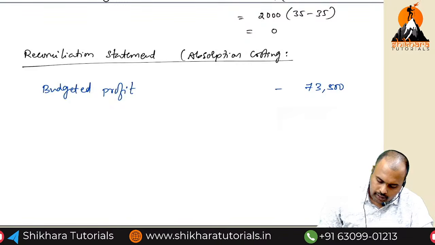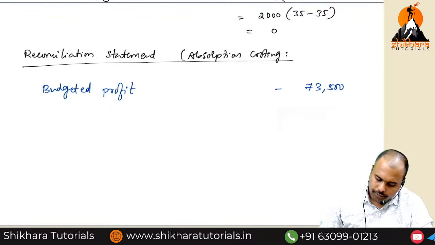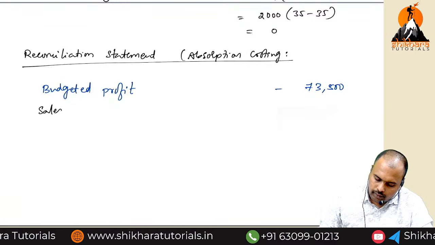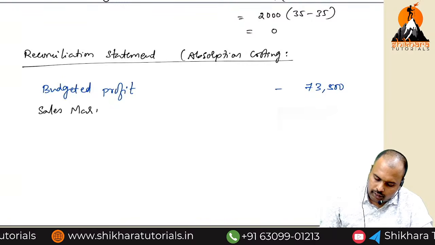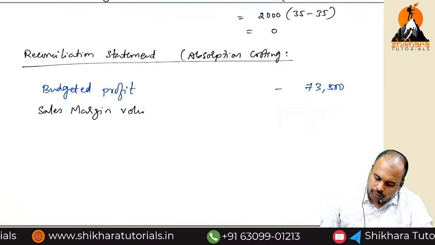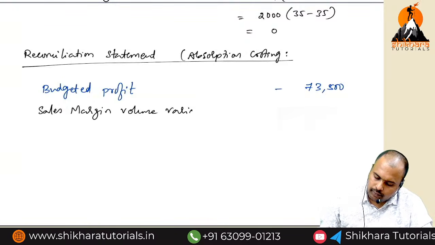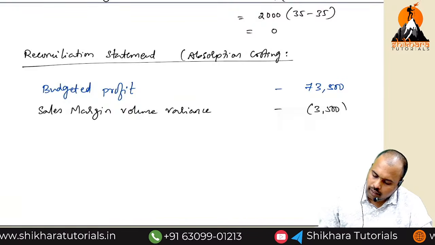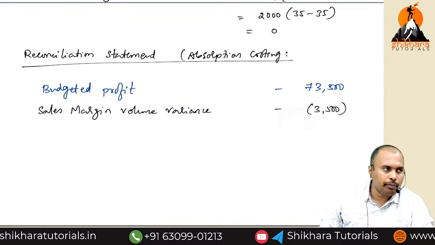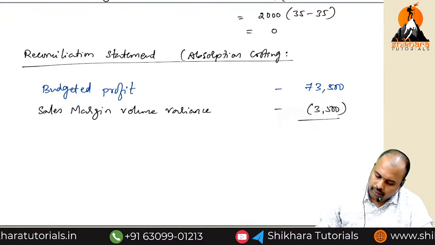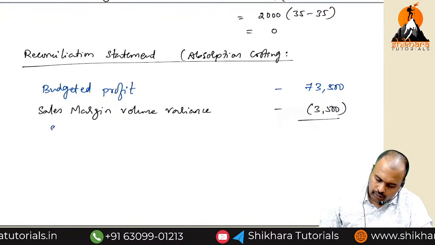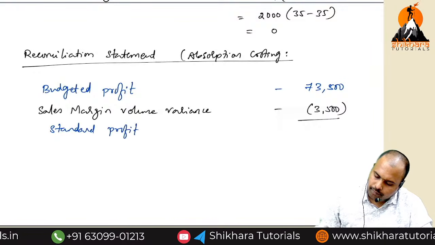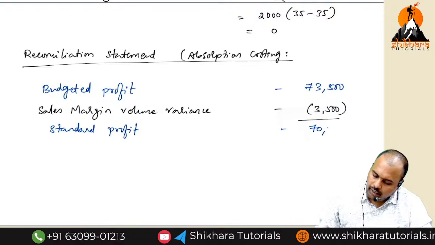To this, we have to adjust sales margin volume variance. If it is adverse, deduct. If it is favorable, add. Every time same. Then the result will be standard profit, which is 70,000.